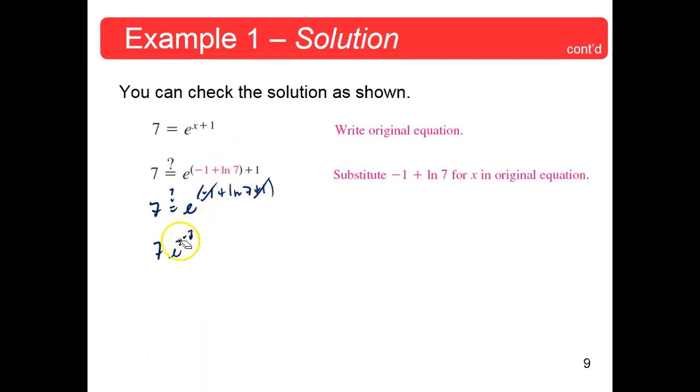Okay, those go out, and this is e to the log 7. Is that equal to e to the log 7? And sure enough it is. 7 is equal to e to the log 7. e undoes the log, log undoes the e, so that leaves you 7, and that is correct.